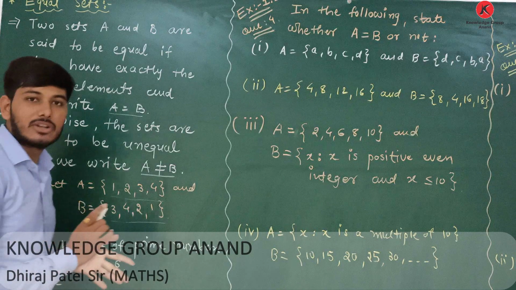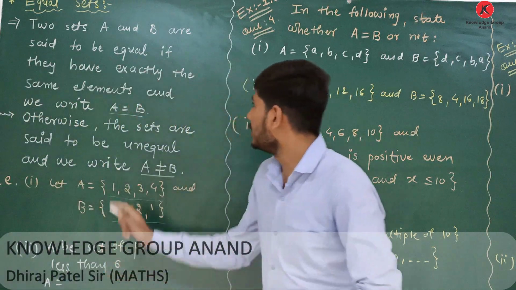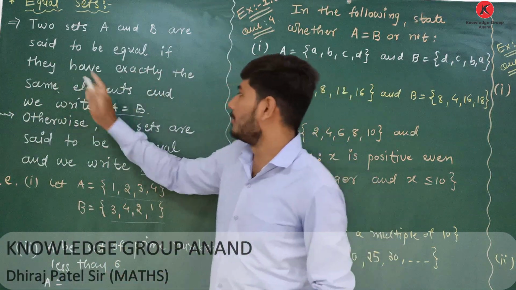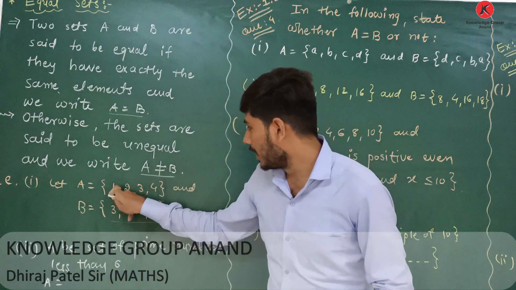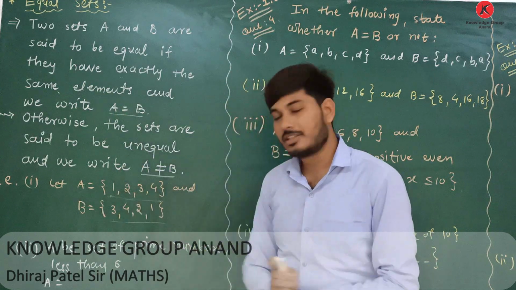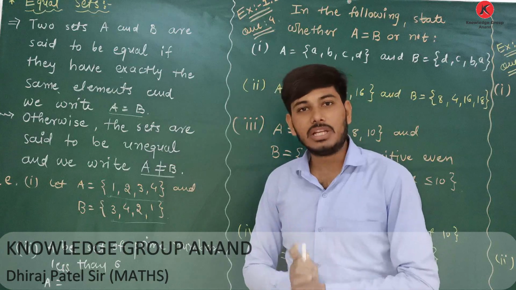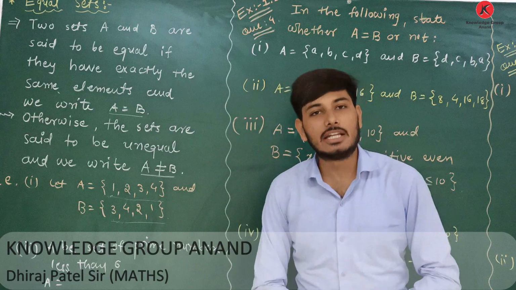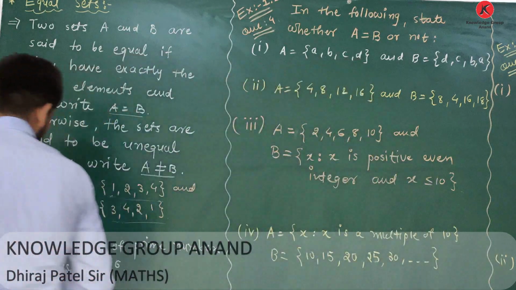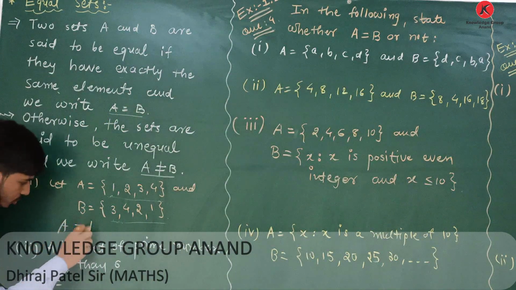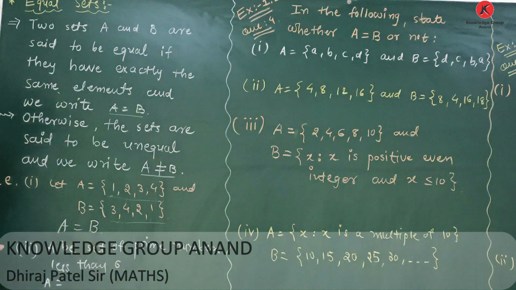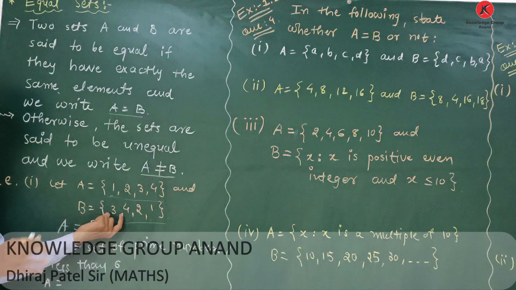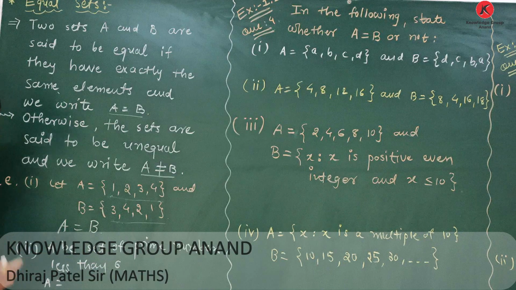All the elements of set A and set B are exactly the same, or we can say that all the elements of set A are in set B as well as all the elements of set B are in set A. Therefore, we can say that A equals B. Okay? So, we can write elements in any order. The order is not important for set representation.